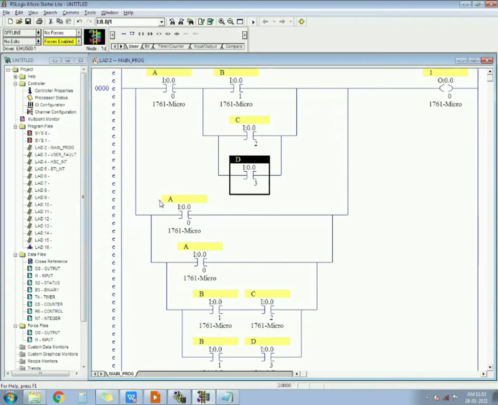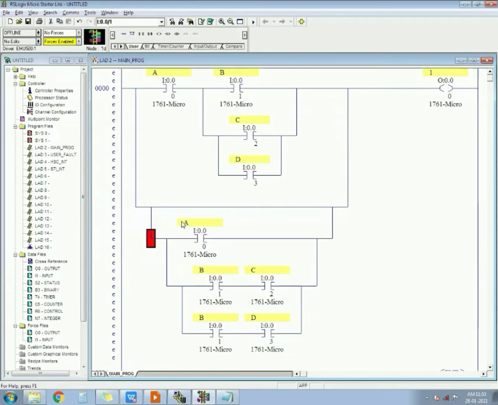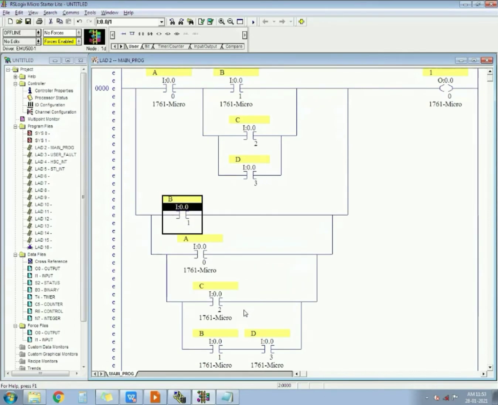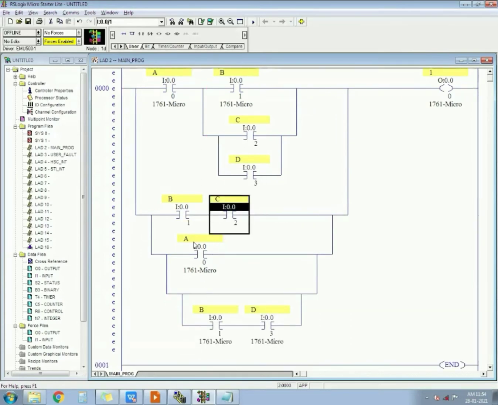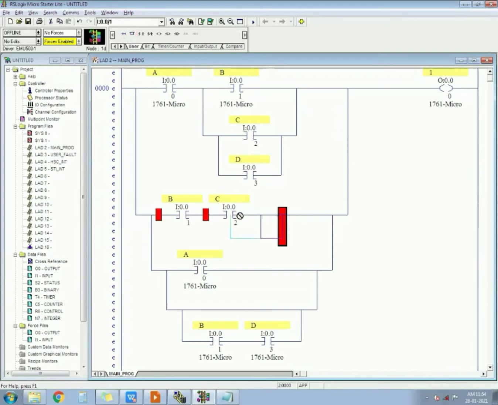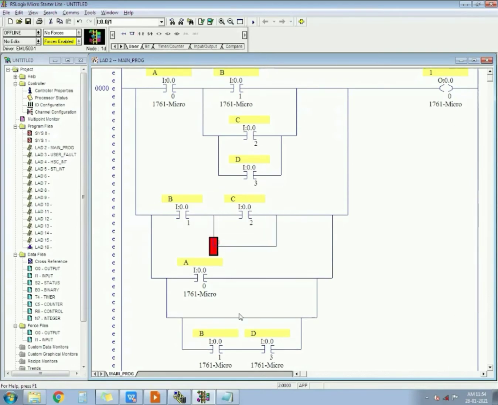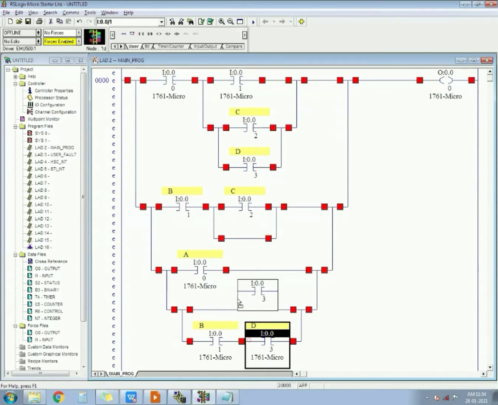So I will take B here, B and C, BC and BD. I will make B common and use D over here.